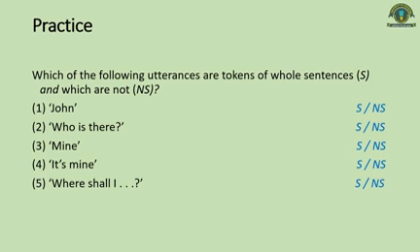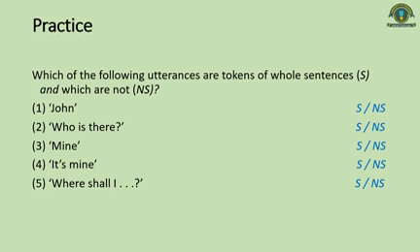Students, here is a short practice exercise for you. Now you have to tell which of the following utterances are tokens of whole sentences and which are not. Number 1, John: is it a sentence or not a sentence? Who is there? Is it a sentence or not a sentence? Then the third one, mine.